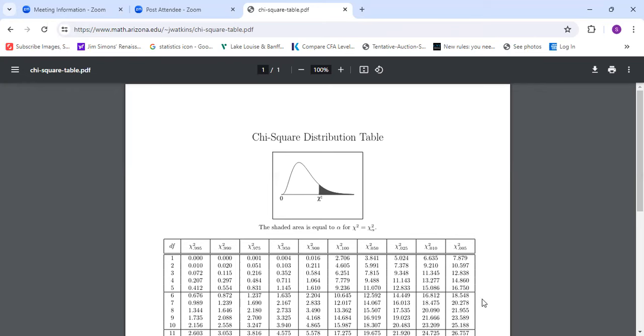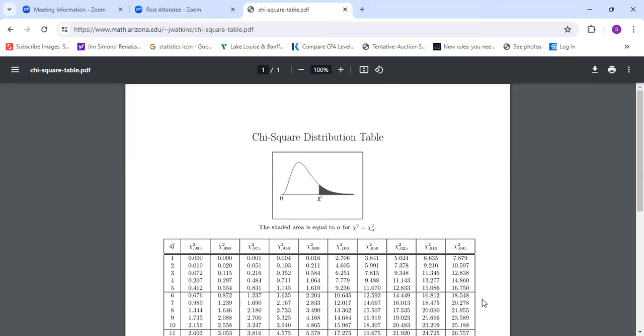So the intersection of the vertical line through chi-square 0.025 with the horizontal line drawn through 7 degrees of freedom, that value, chi-square 0.025 with 7 degrees of freedom, is 16.013.